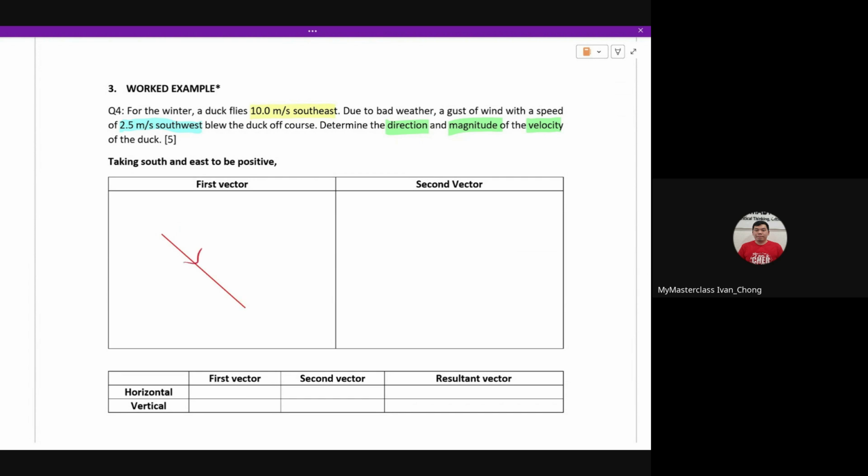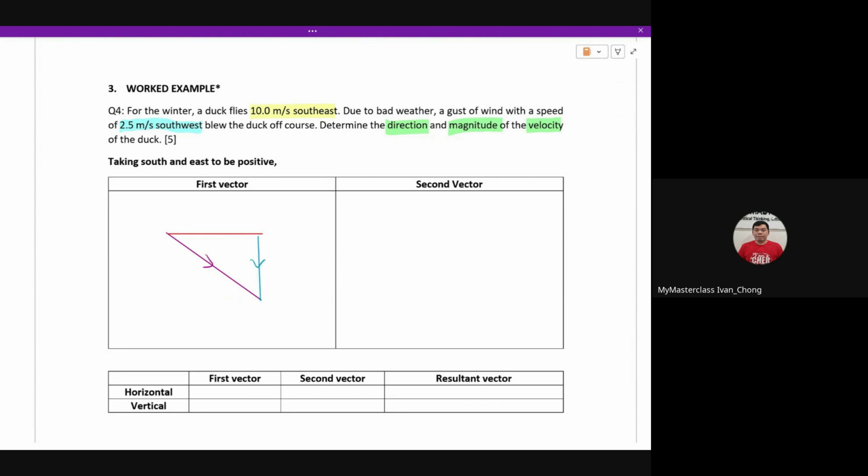What you want to do is break it down into its individual components. The first thing you want to find is your horizontal component and your vertical component.